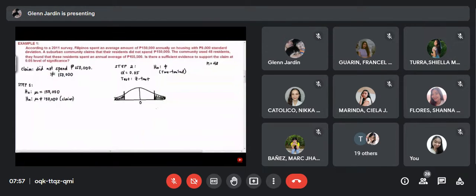So, babalikan natin dito and then we will put the critical value in here. So, 1.960. Okay? Since two-tailed to, isang positive, isang negative. So, ibig sabihin, itong edge na to, ang value niyan is 1.960 and negative 1.960.